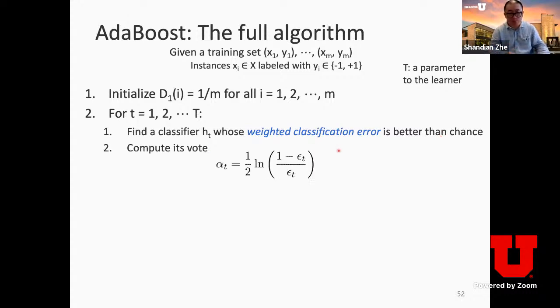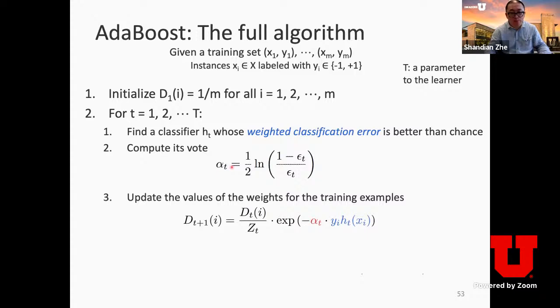And then we compute its vote, alpha t, using the formula we just mentioned. According to alpha t, we update the weights of the training examples.